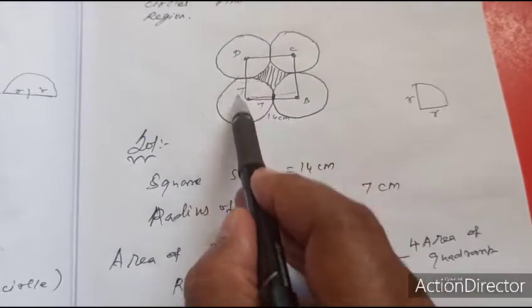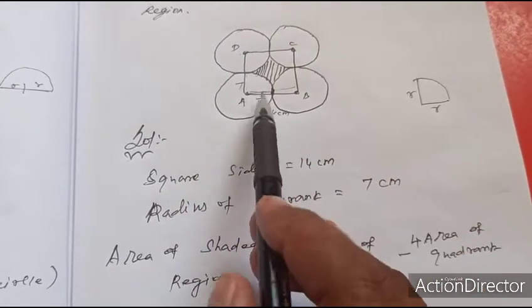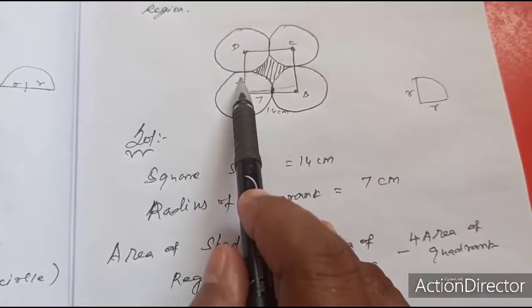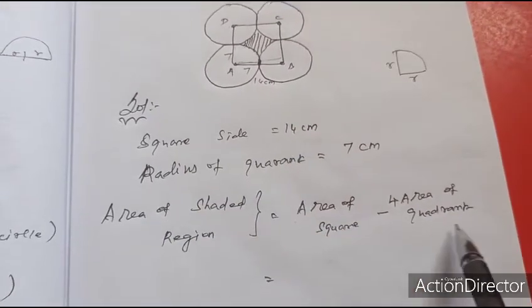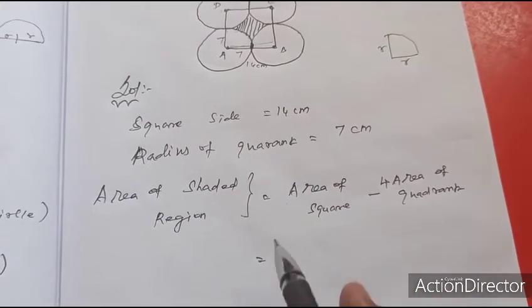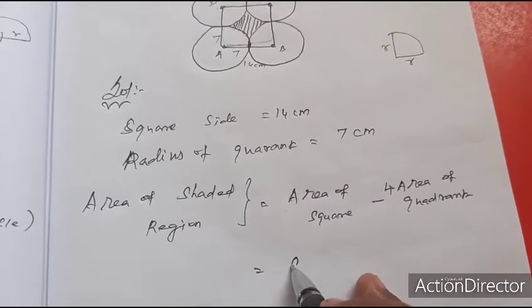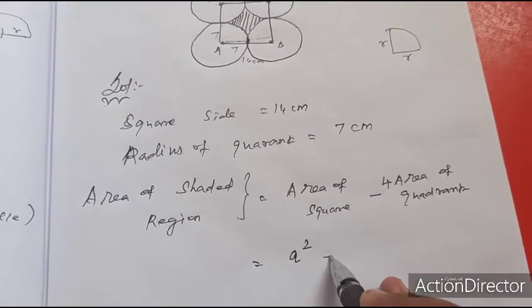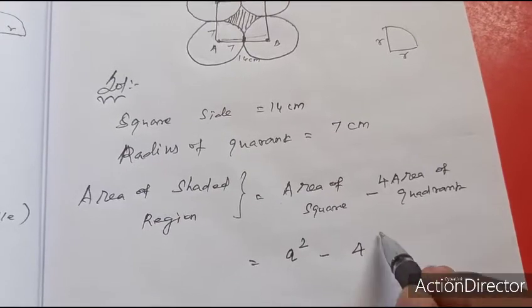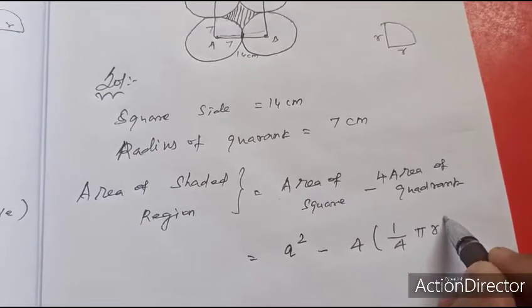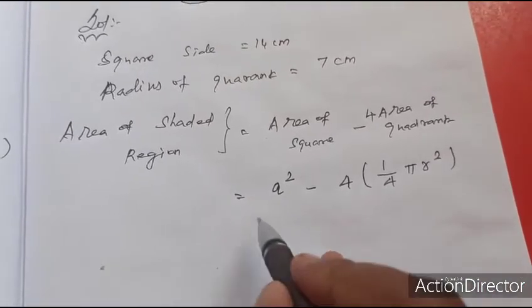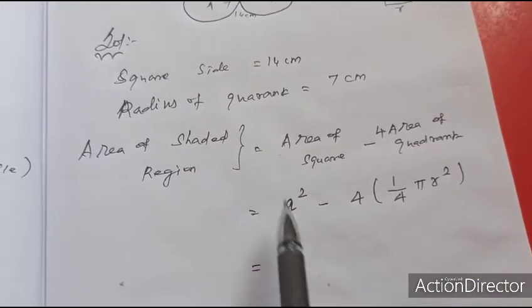Area of the square first, minus quadrants 1, 2, 3, 4. Area of the square formula is a square, minus 4 into area of the quadrant, 1 by 4 pi r square.